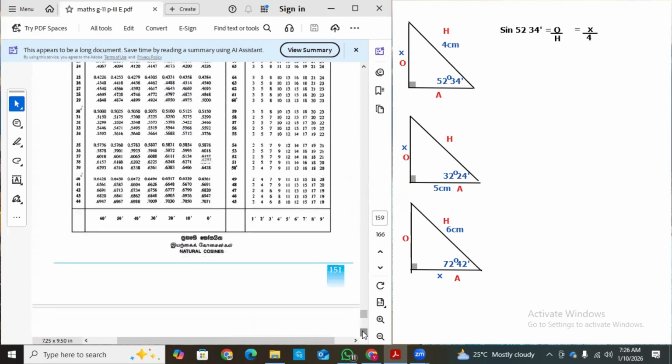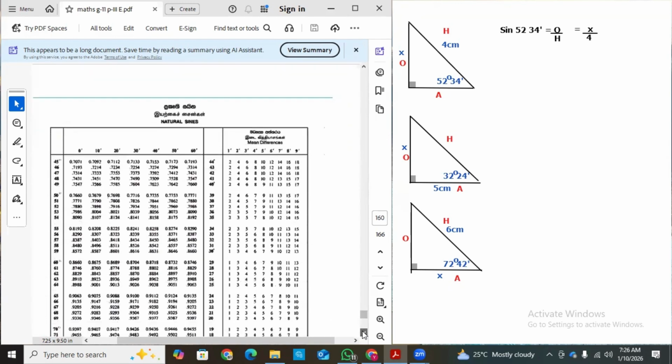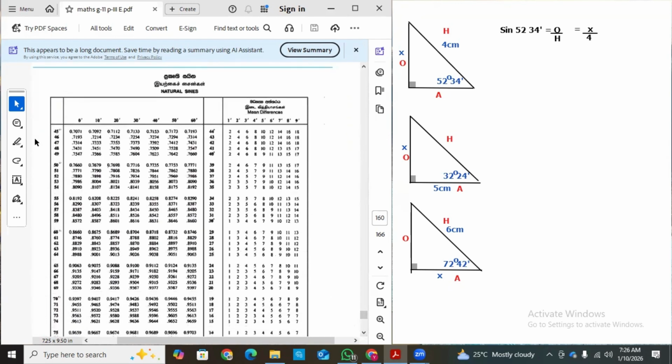So how to find out that 52, 34? So here in sine table, 52, you all can see the 52 here. And then 34. 52, 30 odds and 4. Like this only we have to join 52, 34.